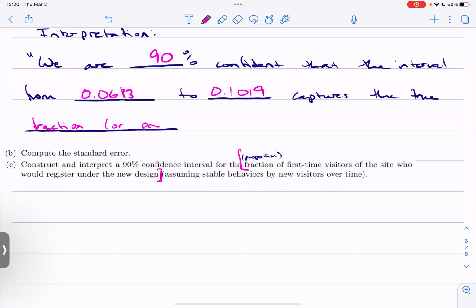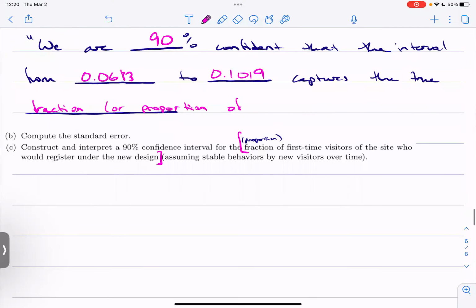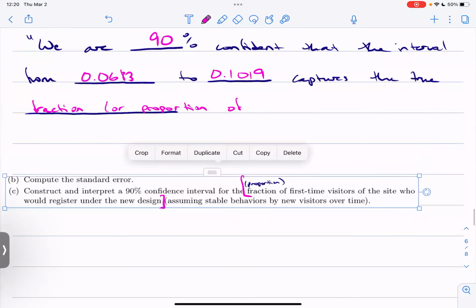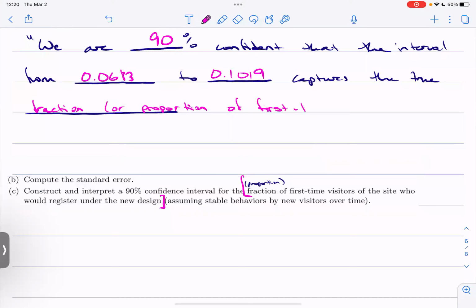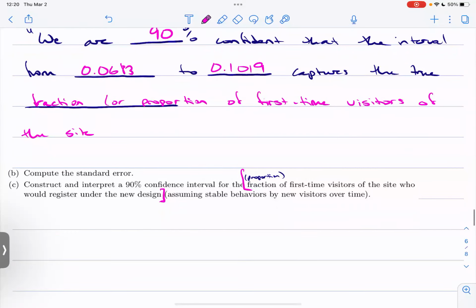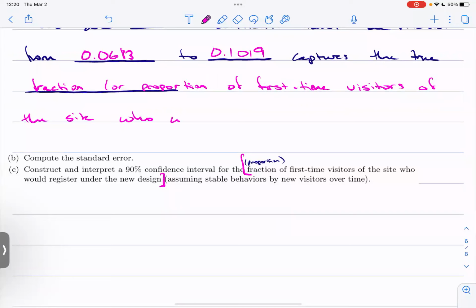Fraction or proportion of first-time visitors. So although it's tedious, it's not hard, right? Because you're just rewording it as an answer. First-time visitors of the site who would register under the new design.